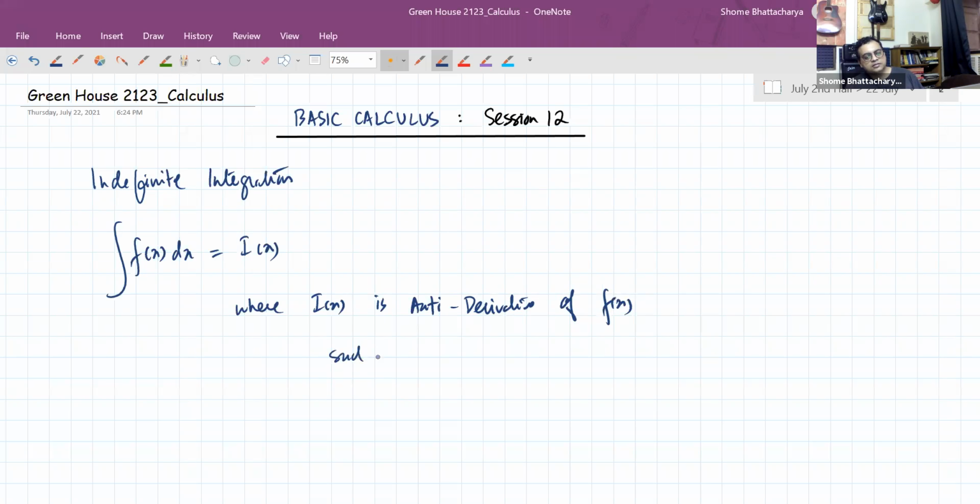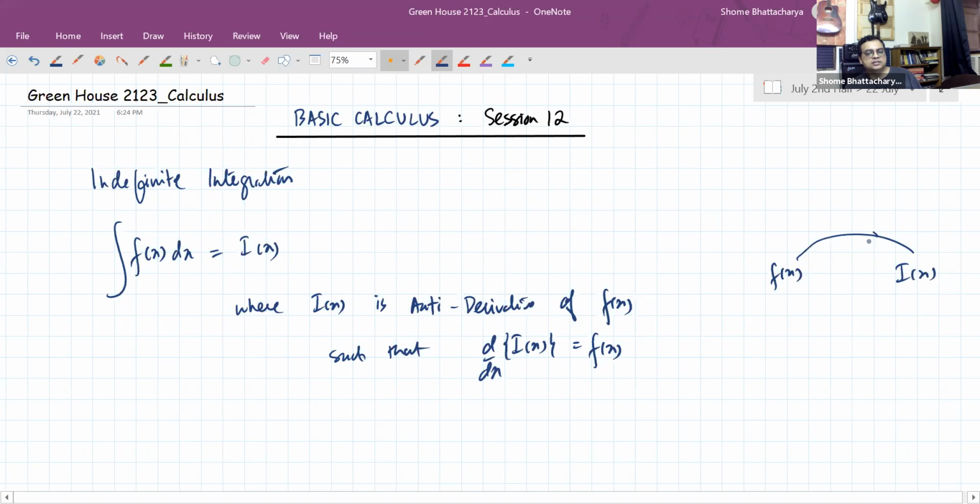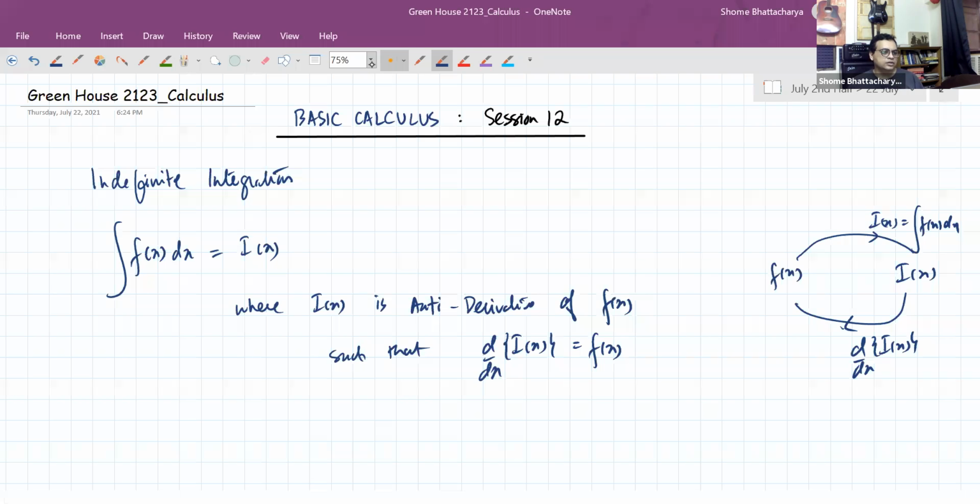That means if we were to differentiate this function, if we were to find the derivative of I(x), that would give us f(x). The two functions are related in such a way that we can convert f(x) into I(x) by integrating, and convert I(x) back into f(x) by differentiating. They are reverse operations of each other. That's why it is called antiderivative.